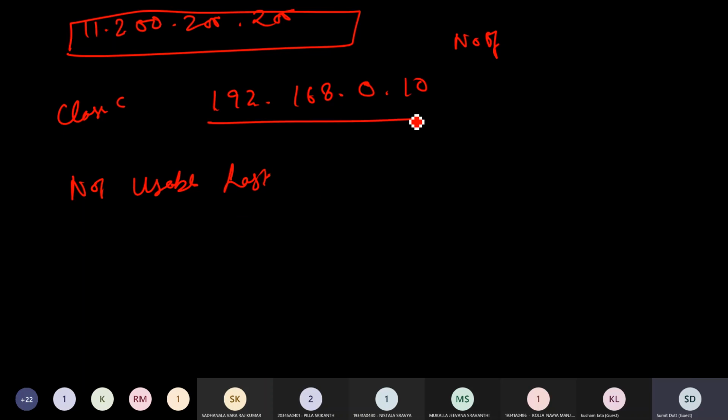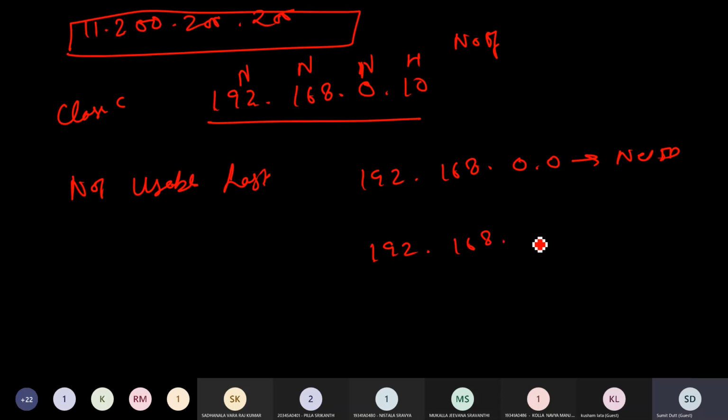This is a class C IP address, so it will be network, network, and network, and this is my host. So the first IP address here will be 192.168.0.0. So this is my network ID. And the last IP address will be 192.168.0.255. So this is my broadcast ID.